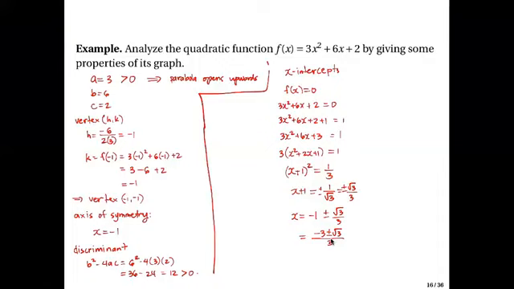So this is roughly 0.42265, or you have negative 1.5775.